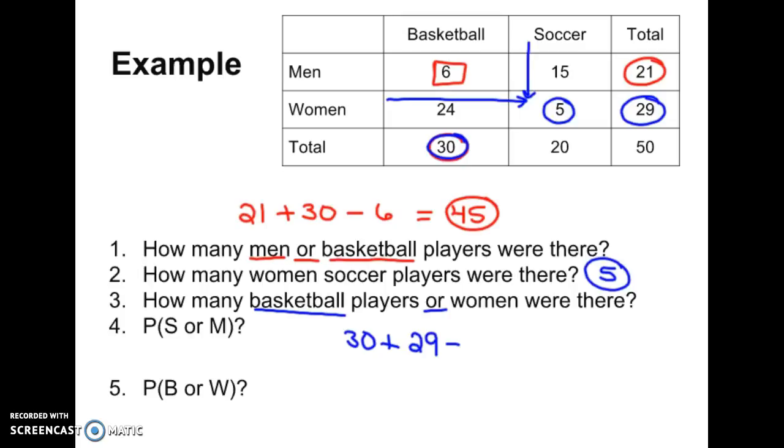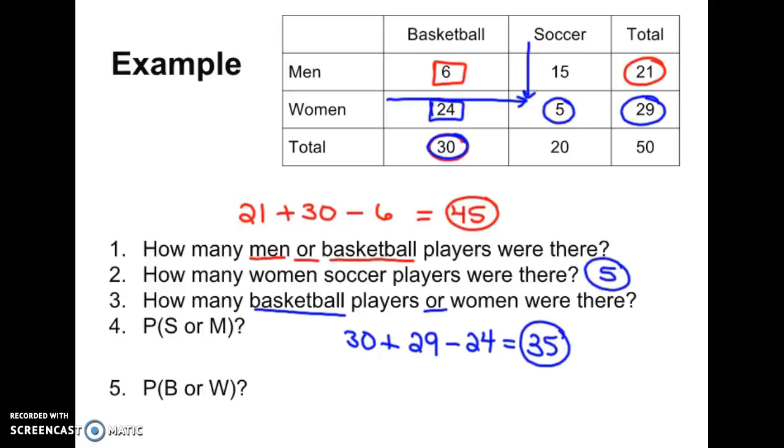And I need to subtract away where they overlap, which is women that played basketball. They overlap right here. There are 24 women that played basketball. So again, I don't want to count them twice. So 30 plus 29 minus 24 tells me 35 people fall into that category. Okay, 35.